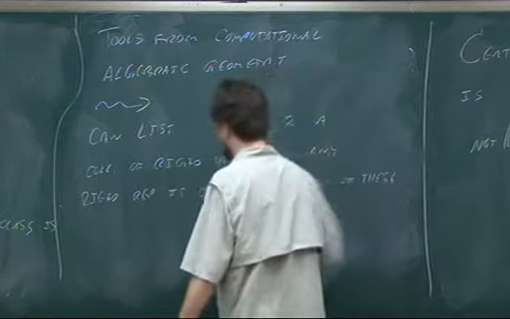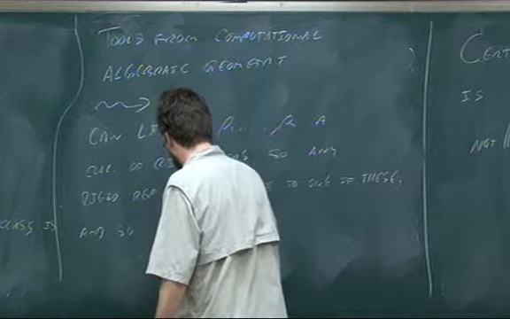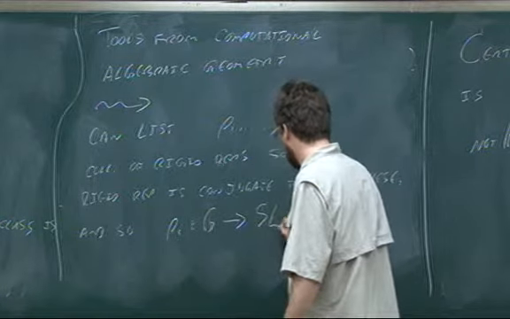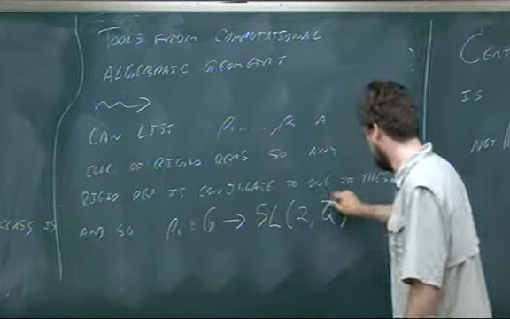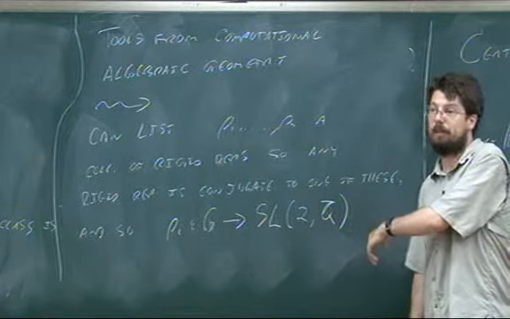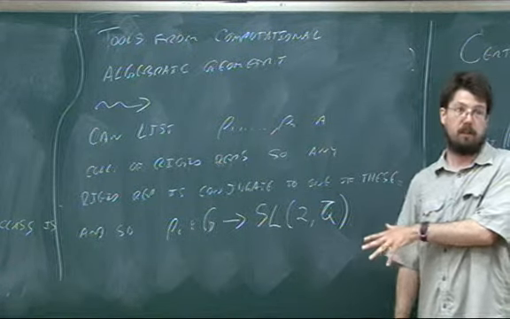And so that rho i doesn't just map from G into SL2C, but it actually winds up in this nice computable subgroup. Not Q, but Q bar. I've got algebraic entries in my matrices, so I can do any kind of computation that I want with these.